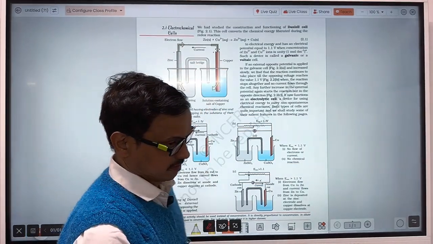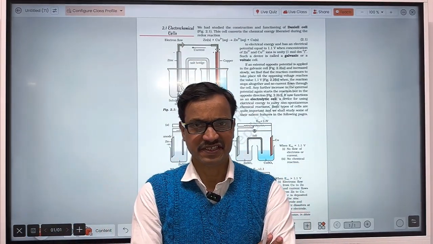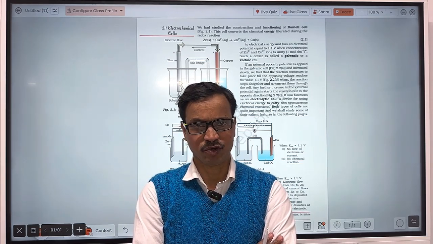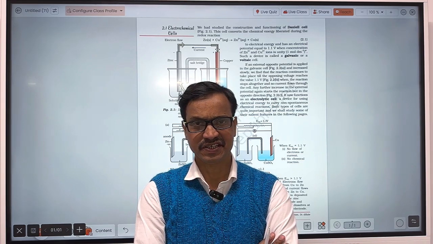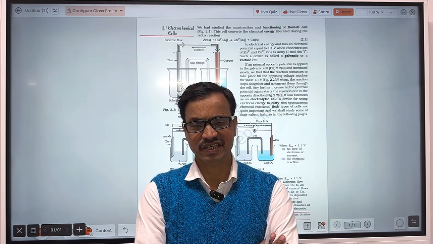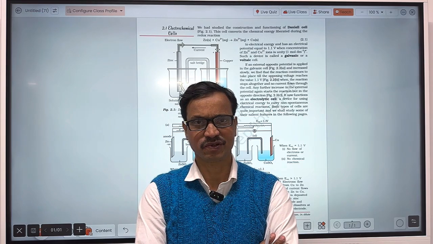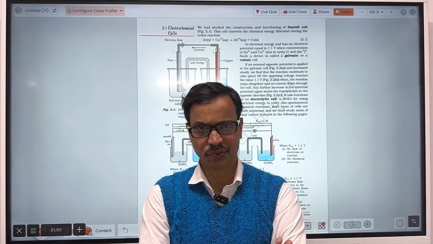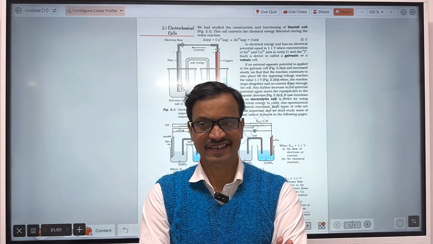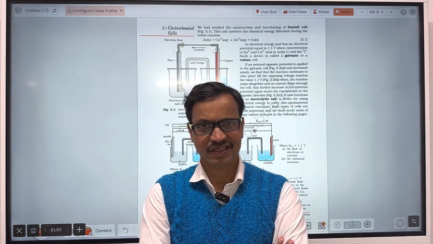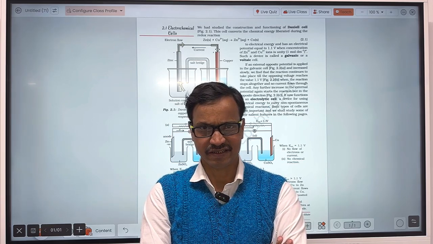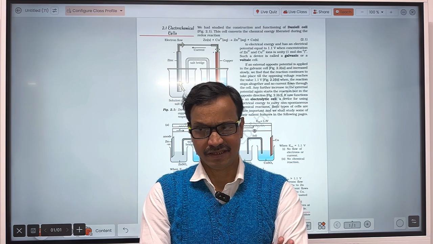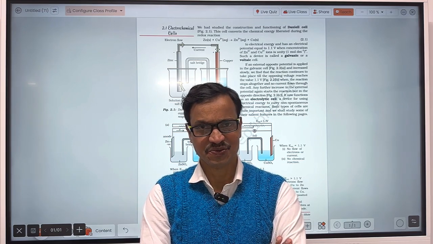Among zinc and copper, zinc has a greater tendency to lose electrons compared to copper. Which element has a greater tendency to lose electrons depends on a number of factors like ionization enthalpy, lattice enthalpy, enthalpy of crystallization, and so on.